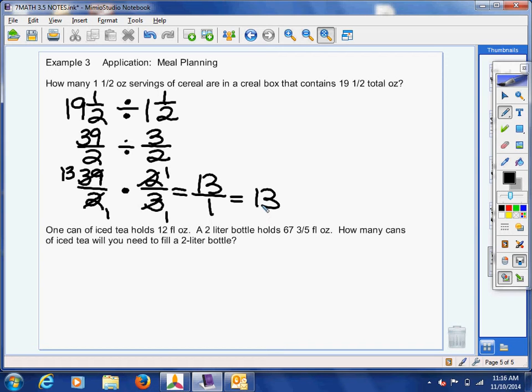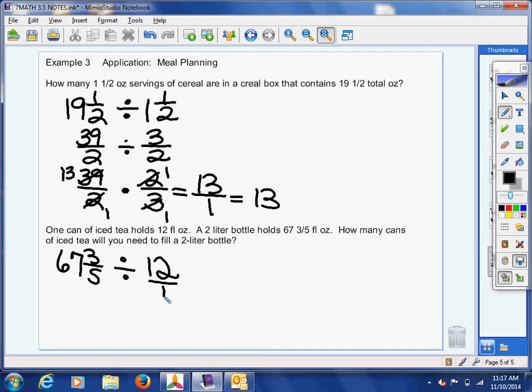Look for the big total amount on your paper. 67 3/5 ounces. And we want to divide that and figure out how many 12 fluid ounce increments there are.